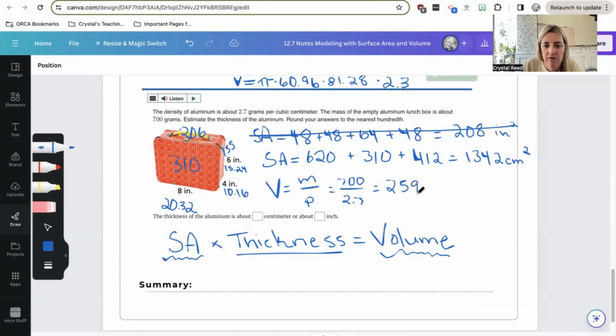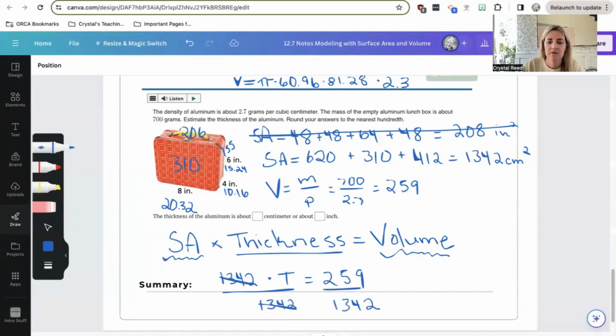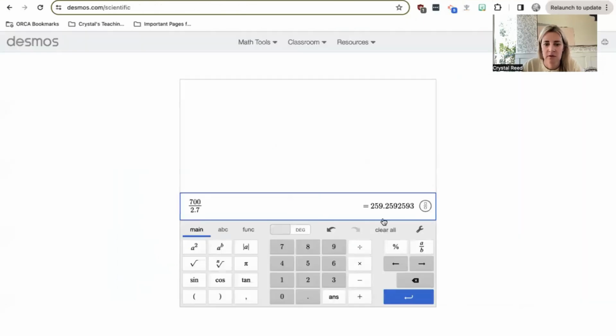And then in order to find that thickness, we'll plug those numbers in. So surface area 1342 times our thickness, I'm just going to use that letter big T, thickness, equals our volume, which is 259. So then we're going to divide that by 1342 in order to get our thickness. 259 divided by 1342.